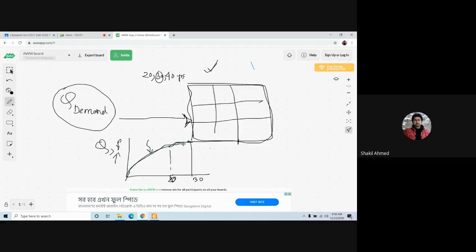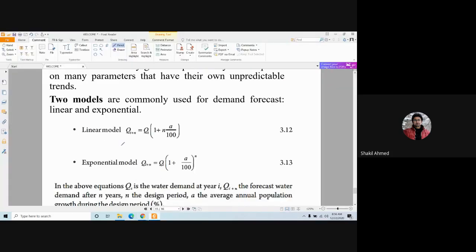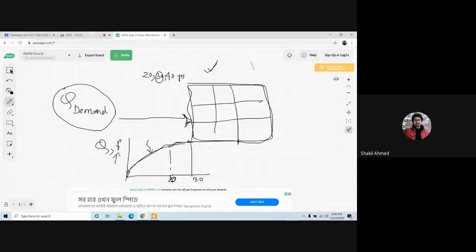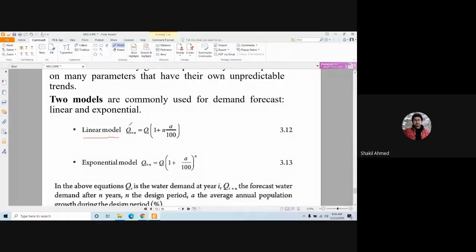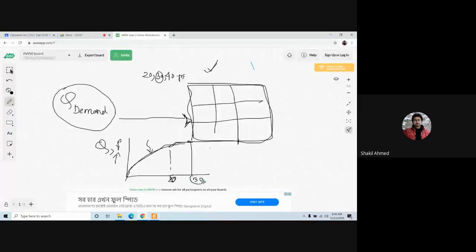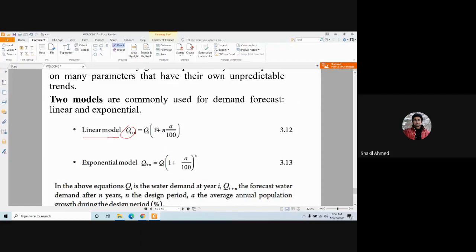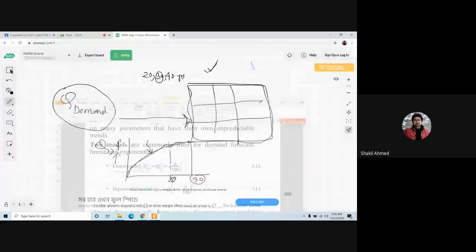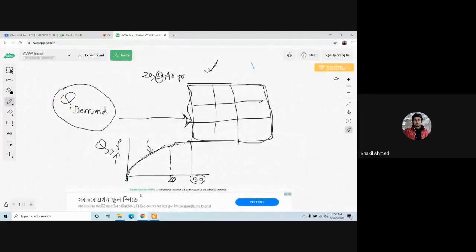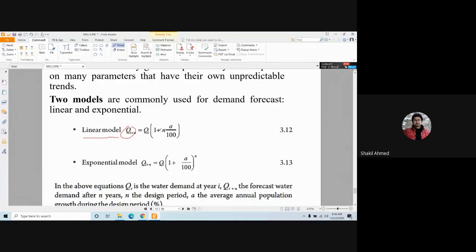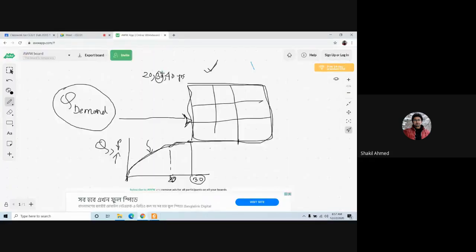You can see this increase is non-linear, but sometimes you can assume it's linear. That's why you have a linear model, where QIN means Q30, and QI means present water demand today. Here, 1 plus n, n is the number of years later, your design life, for example 30.